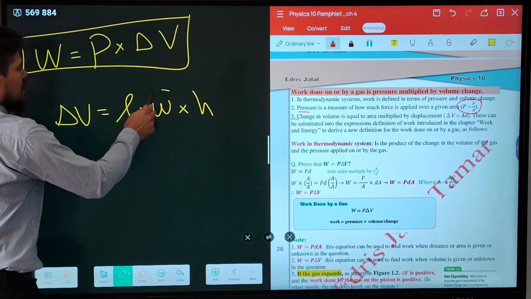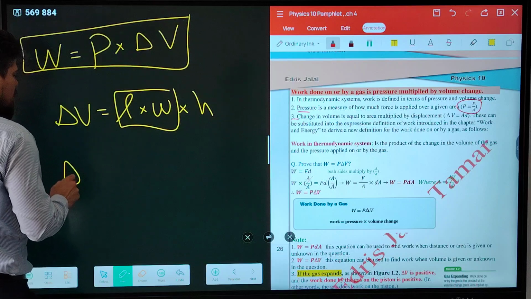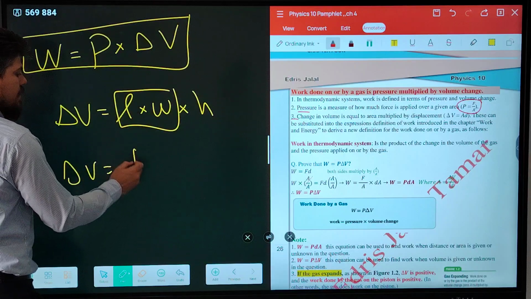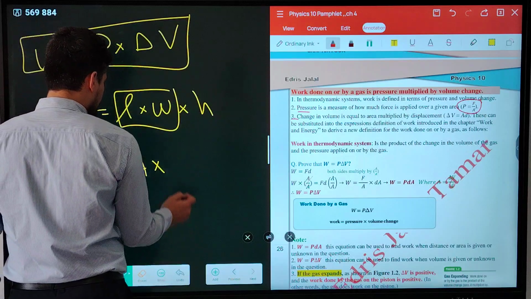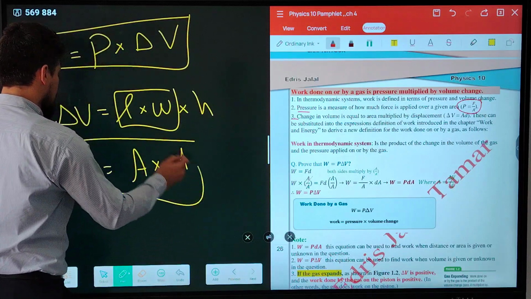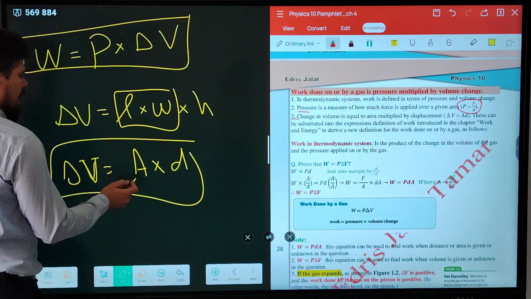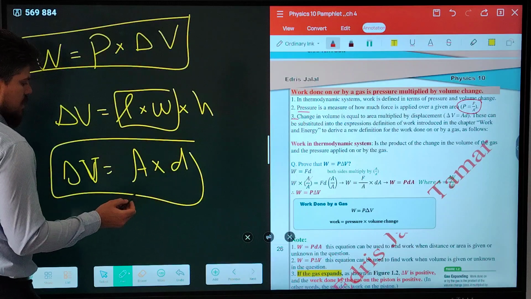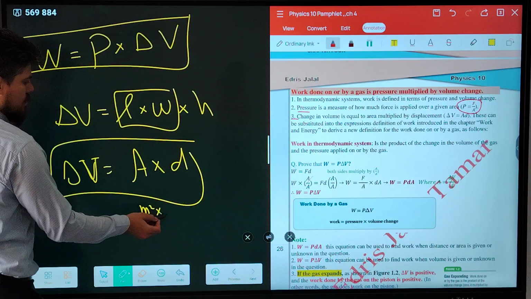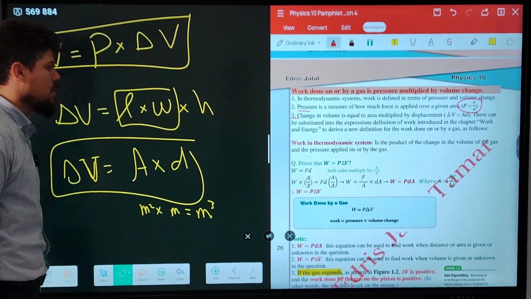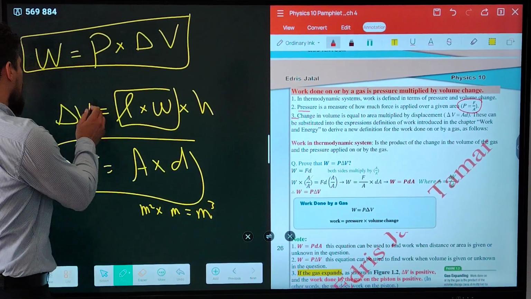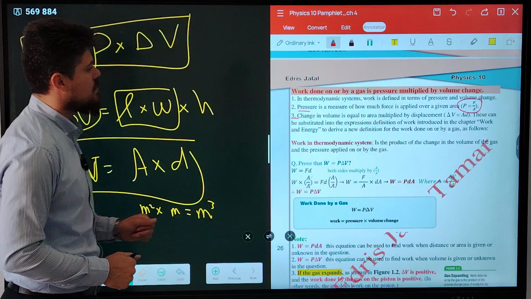Length times width is equal to area, times height or distance. So delta V is equal to A times D, area times distance. Area is measured in meter squared, D in meter, so meter squared times meter gives meter cubed. So volume change is equal to A times D.